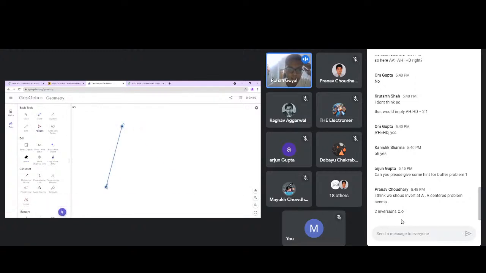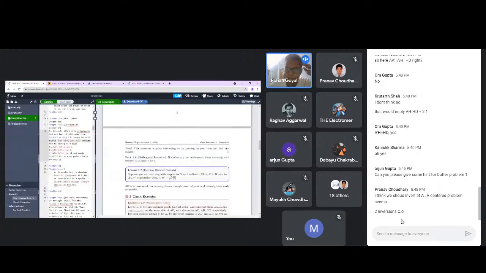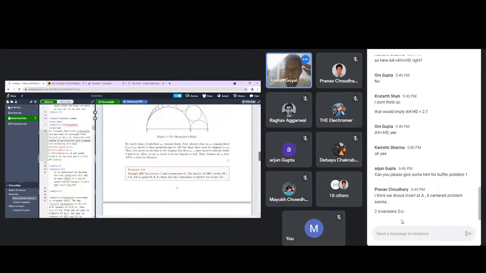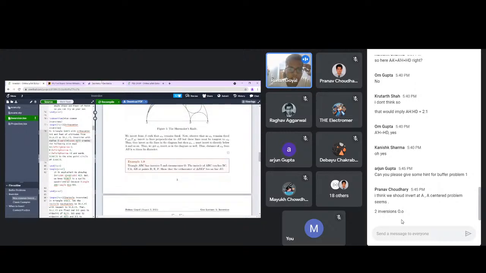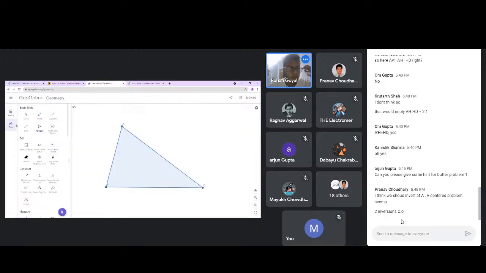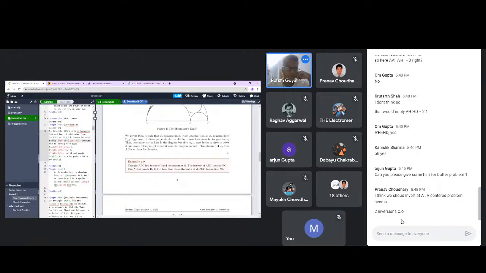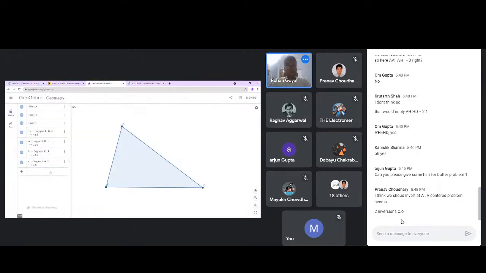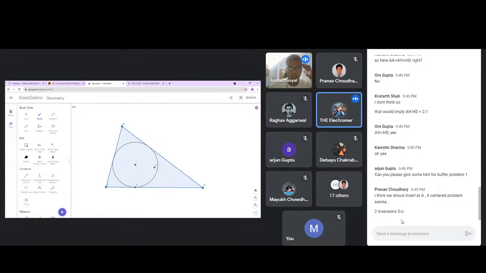Next is incircle inversion. We'll look at this problem for that. Can anyone try this first? Okay, I'll just tell you the problem.